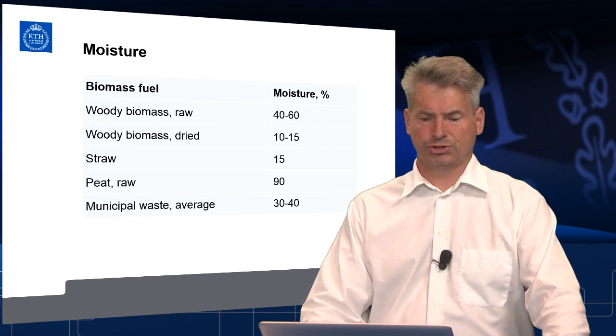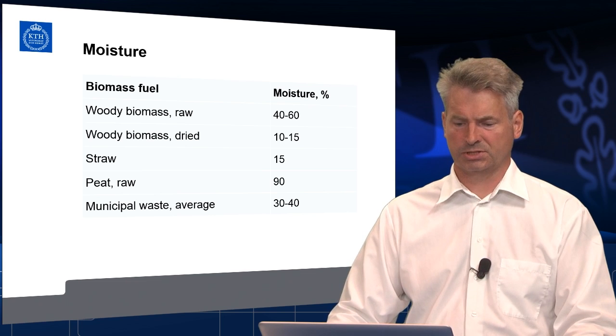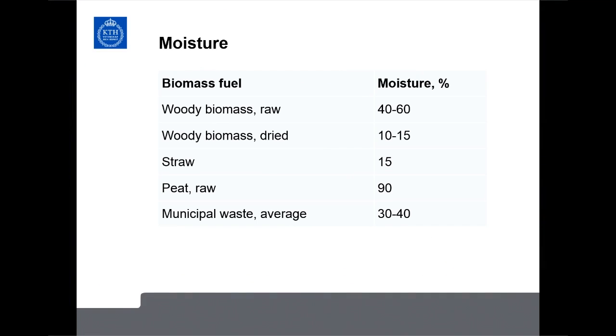The amount of moisture varies in different biomasses. On this slide you can see that in raw woody biomass from the forest, it is around 50%, 40 to 60%. And if you dry it, of course you decrease the moisture. You can decrease it down to 10 to 15%. When you have pellets, for example, the moisture content in the pellets is around 8 to 10%.